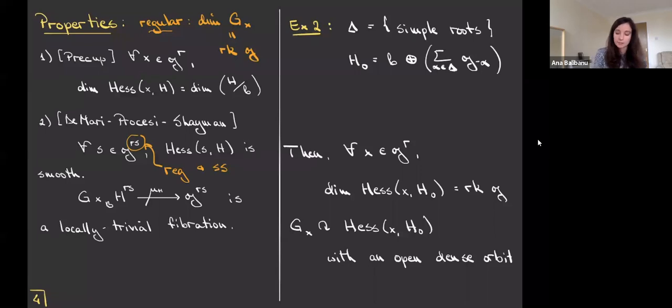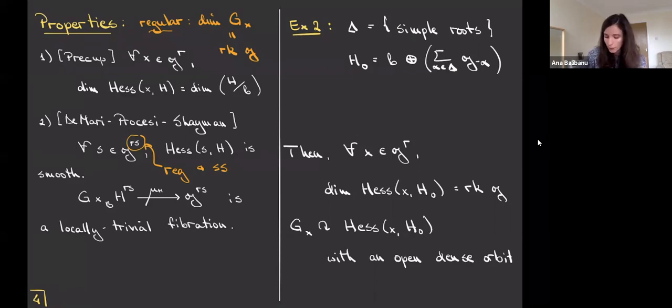For a regular semi-simple element, the associated Hessenberg variety is always smooth. And when I restrict this family to the regular semi-simple locus, I get a locally trivial fibration. So all of these regular semi-simple fibers are isomorphic to one another. So with these two facts in mind, we'll look at the next example.